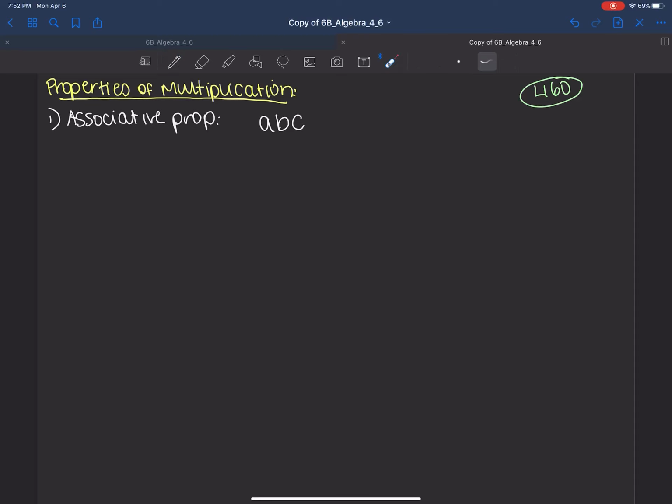And usually if we're doing multiplication, we go left to right. So in other words, we do a times b first, and then we multiply whatever we got here by c. The associative property tells us, hey, we can instead multiply b and c together first, and then multiply this product by a. Seems pretty straightforward, right?